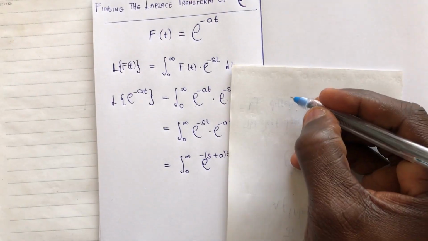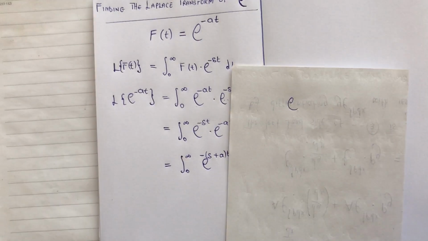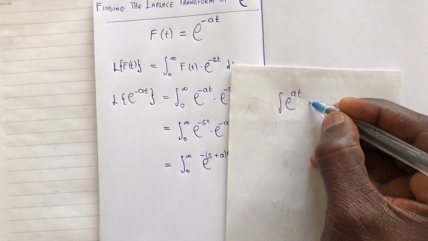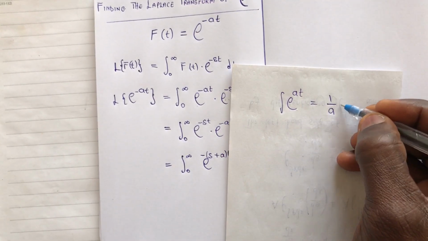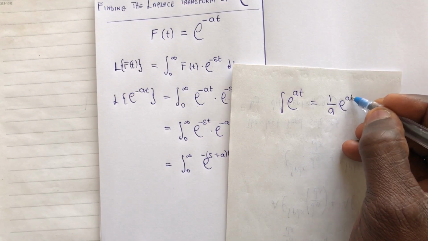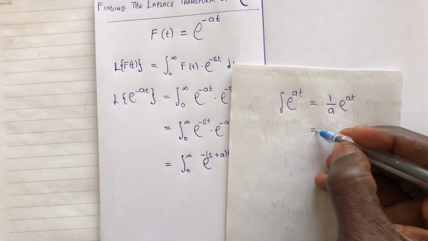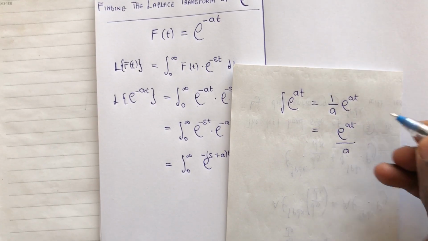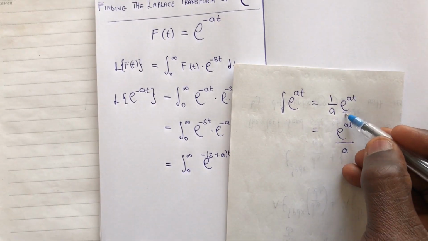Okay, so if I have an exponential function such as e to the power, let's say at, then the integral of this is 1 over a e to the power at. Or you can also say it's the same as e to the at over a. Remember that this side is over 1.